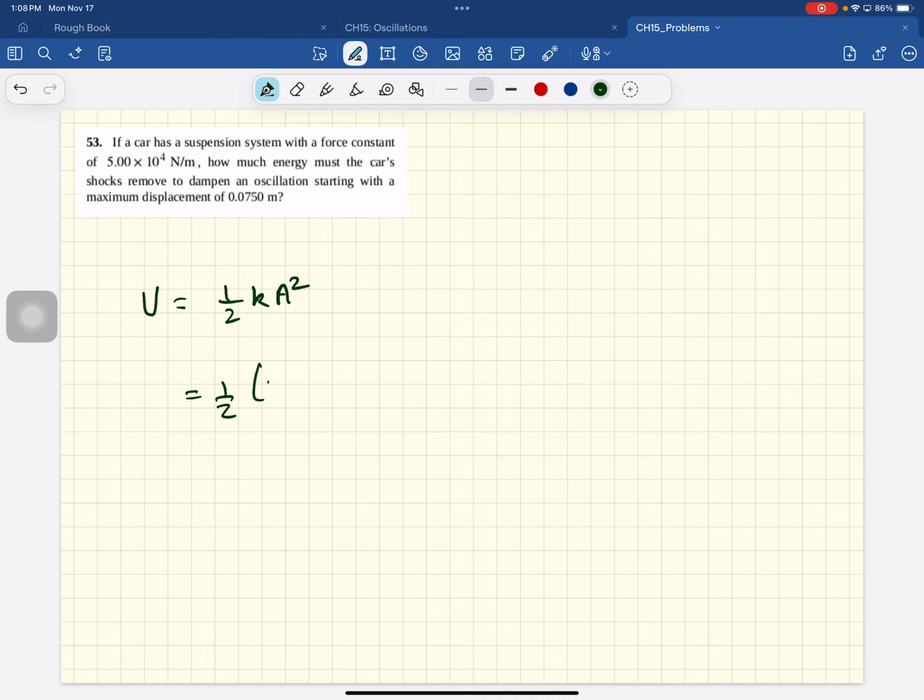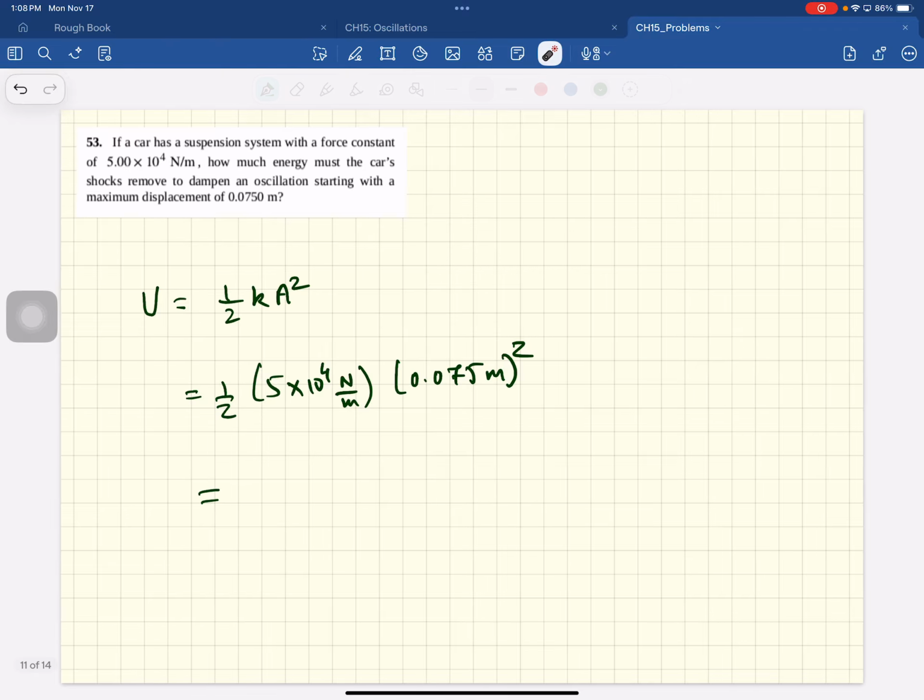So 1/2 times 5 times 10 to the 4 newtons per meter times 0.075 meters squared. This is 7.5 times 10 to the minus 2, and the square makes that 10 to the minus 4, which will cancel. So this becomes half of 5, which is 2.5, times 7.5 squared joules.